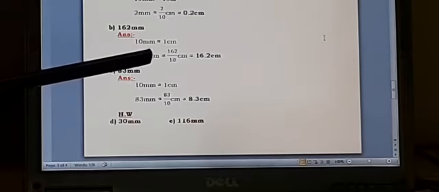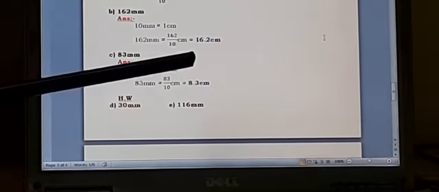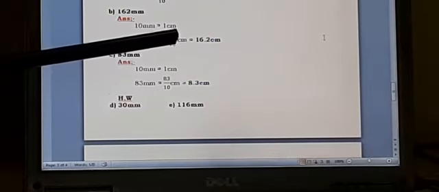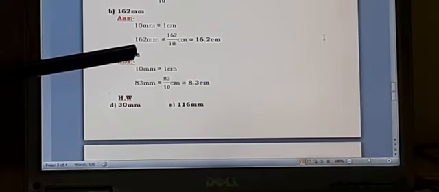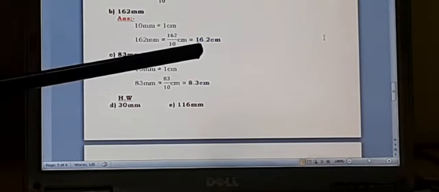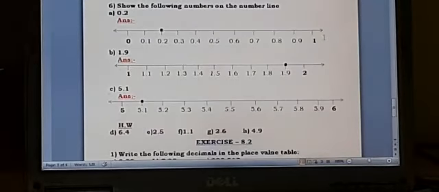When divided by 10, it becomes centimeter. So according to the 0, we have to keep the dot in the numerator from the right side. So I have kept the dot: 16.2 centimeter. For the next question also, you have to follow the same procedure.